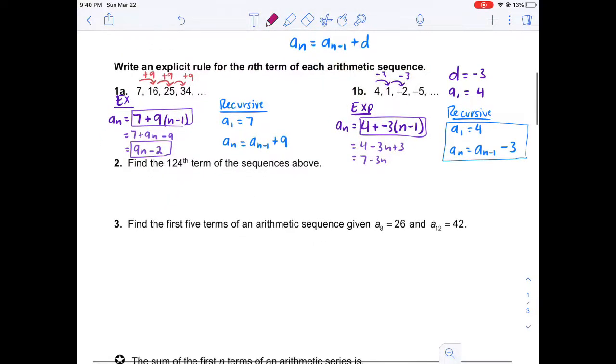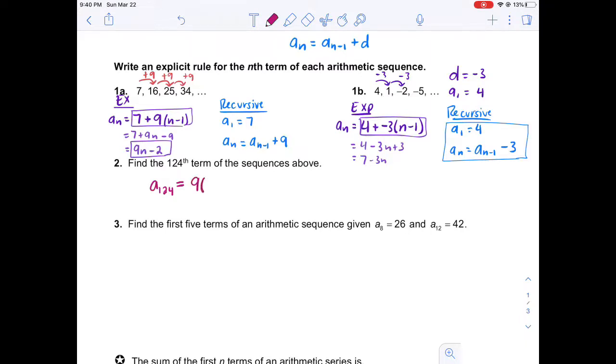So the reason explicit formulas are helpful is if I want to know the 124th term, that's n equals 124. And I can go up and I can use my formula to figure that out. So you could either use the simplified or the non-simplified. I go back and forth. So let's say that we use the simplified formula.